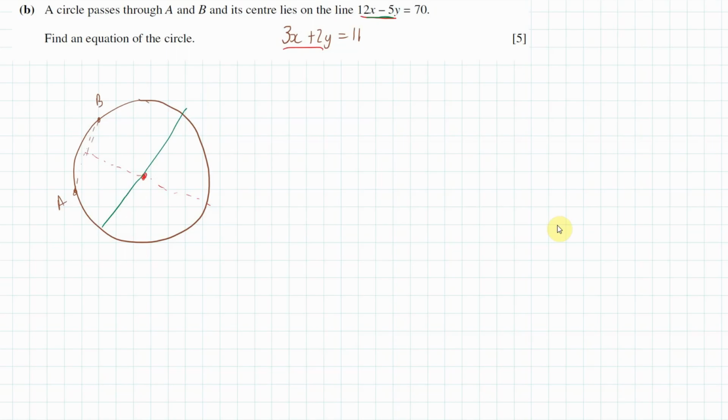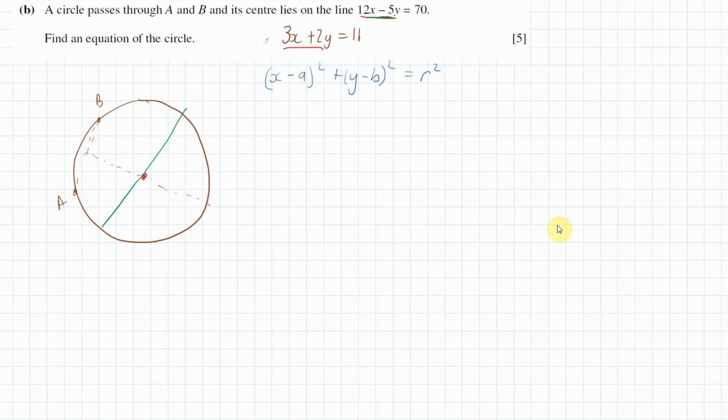Remember, the equation of the circle is such that we'll have x minus a squared plus y minus b squared equals the radius squared. Okay, all right. So let's do this then.